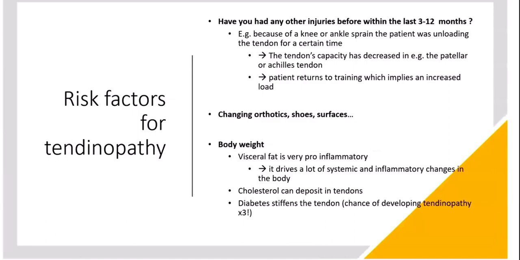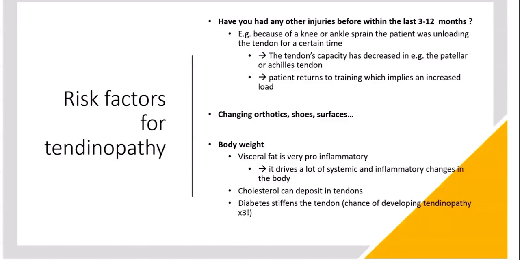Another thing to check is, did the patient have some kind of injury before, within, let's say, the last 3 to 12 months? For instance, he had a knee or an ankle sprain, and because of this problem the patient was unloading the tendon for a certain time, and we know in the meantime what happens when you unload the tendon for a certain time.